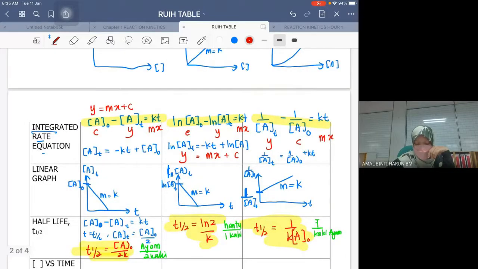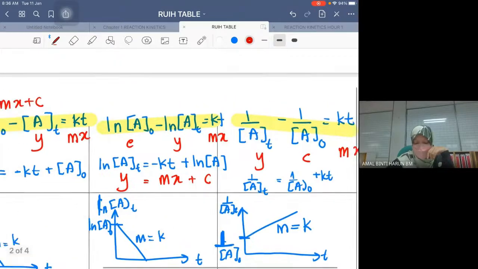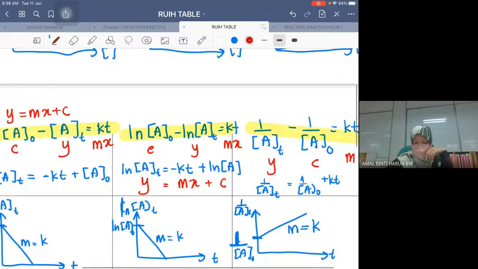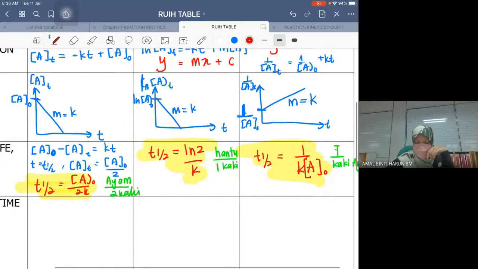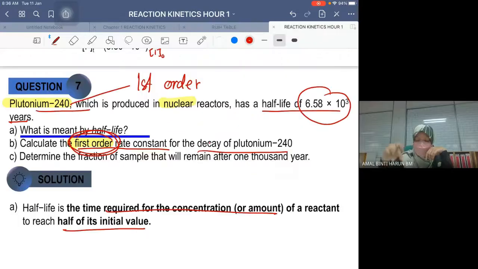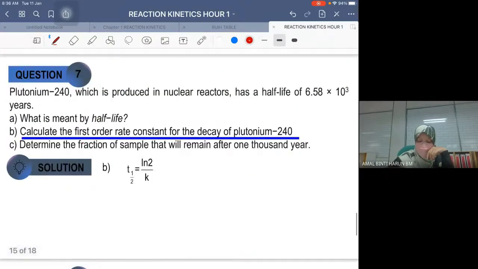Guna integrated untuk cari constant. Boleh. Tapi concentration is not given. Okay. Now kita guna half-life. Formula for the first order. So, from the half-life formula of the first order, it is half-life equal to ln 2 over K, where we can find the value of K. Right. Okay, formula half-life. Dapat cari K.